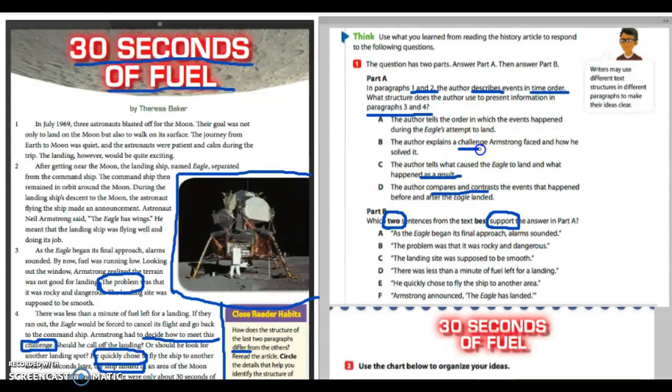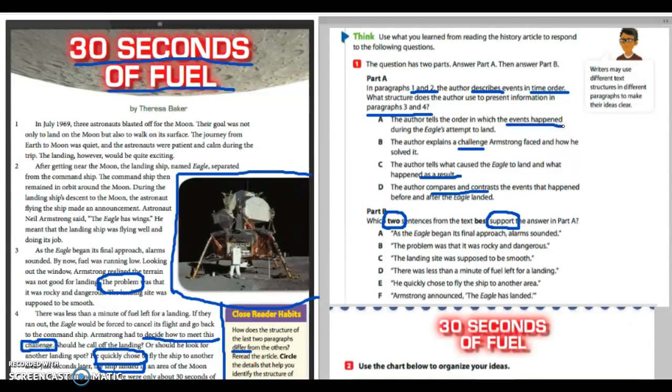So I see some clue words here like compare and contrast, as a result, challenge, and events happened. In option A, that is a clue word for order and chronological order. In B, we have the word challenge, and that speaks about problem and solution. In C, we have the words as a result, and we learned last week that as a result helps clue us to cause and effect.